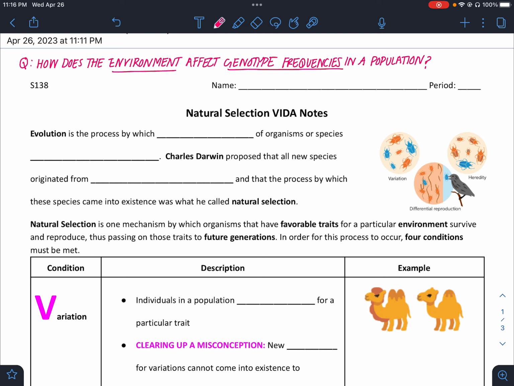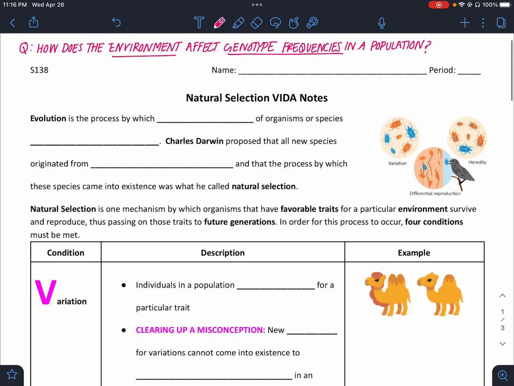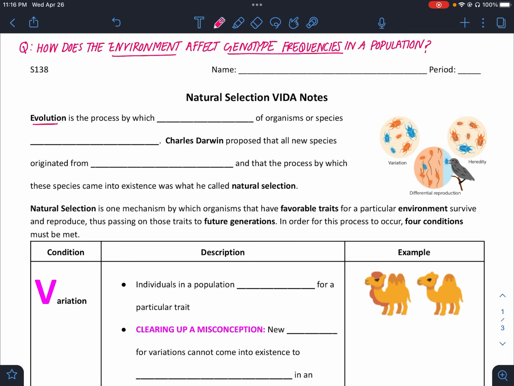So when we look at something like this, an environment selecting for a genotype or against a genotype, what we're really looking at is the process of evolution. And evolution is the process by which populations of organisms or species change over time.